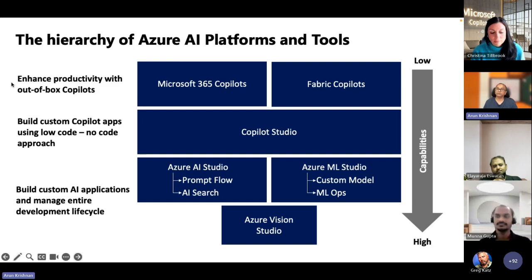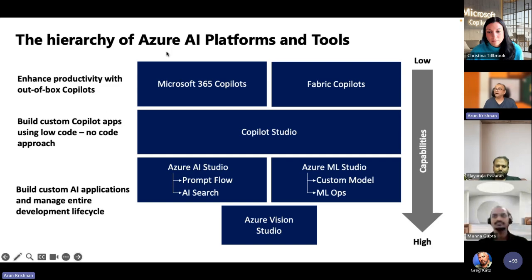You're essentially going from out of the box Copilots, low code or no code pretty much. And as you step through to Copilot Studio, where you can build custom Copilot apps using some code if you require, to building custom AI applications and managing the entire development lifecycle using Azure AI Studio, which again consists of prompt flow, AI search, or Azure ML Studio, where you can build your custom models, can do your MLOps, and along with Azure Vision Studio, where you can build your own computer vision models, right?